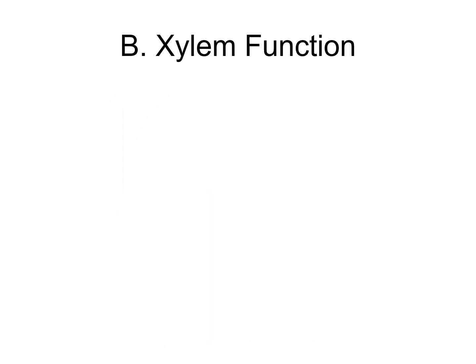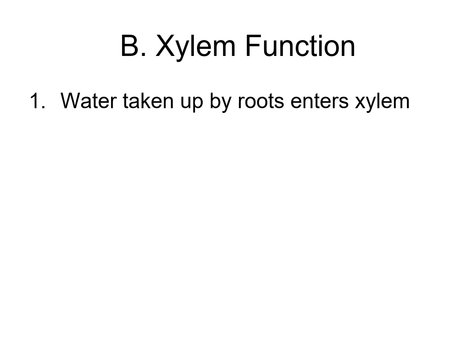So transport through xylem begins as the plant takes up water from the soil by the roots. Roots have microscopic extensions, chains called root hairs that are only one cell layer thick. And that provides a lot of surface area contact between the soil and the plant.